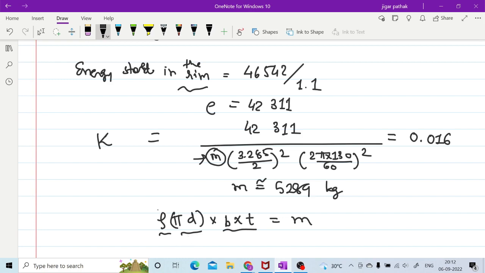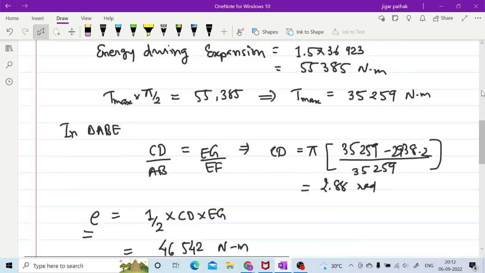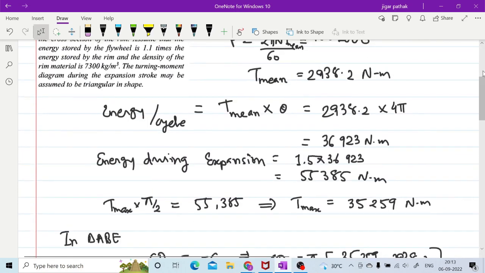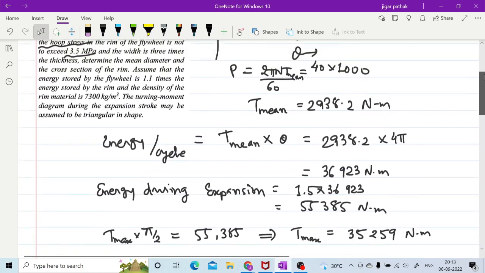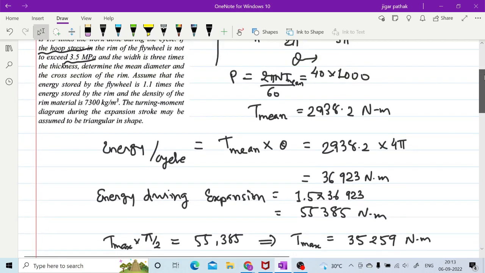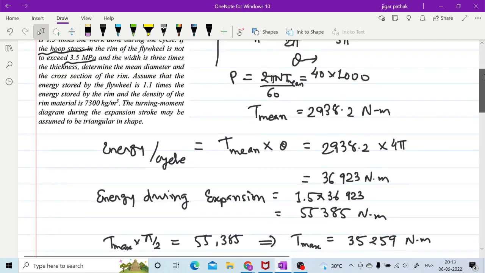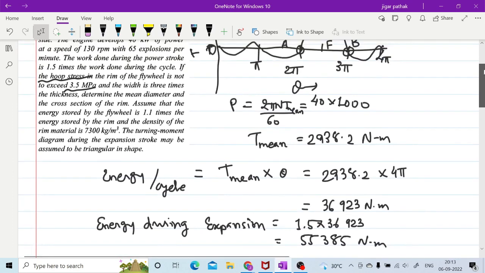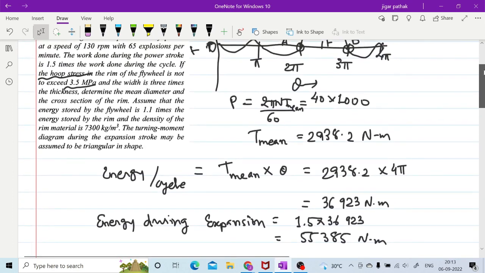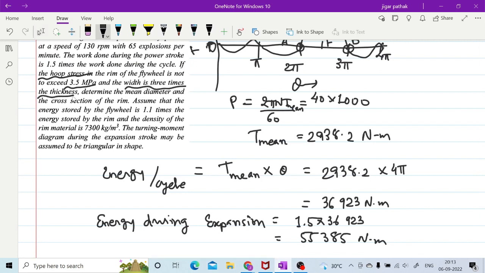What you have to do is calculate this width and thickness both, right? Here you are given the data, or you can assume by yourself, I guess. Width is 3 times the thickness, right? It is mentioned here.